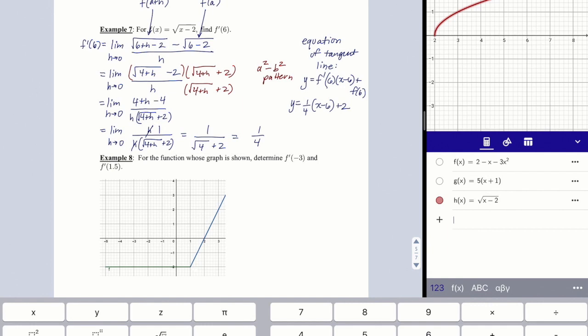And if we've done things correctly, which it looks believable that the slope of that tangent line could be 1/4, so that's good. We have 1/4 times x minus 6, and then we want to add to that 2. Perfect. You saw, hopefully, that the second line there, that we wanted to be the tangent line, certainly could be the tangent line at 6, 2.